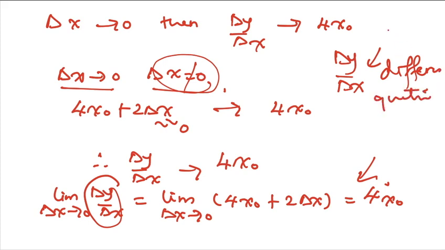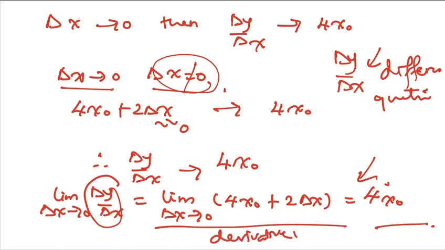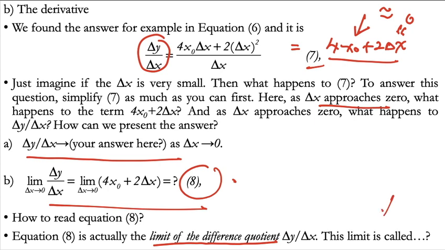Okay, I did introduce to you the difference quotient in the previous section, but when we take the limit of the difference quotient, we get something like this, isn't it? Another way to call it is what we call the derivative. So the limit of the difference quotient is actually the derivative.